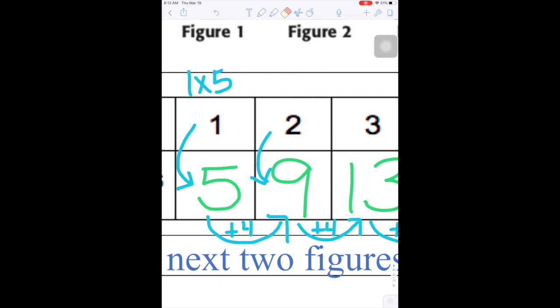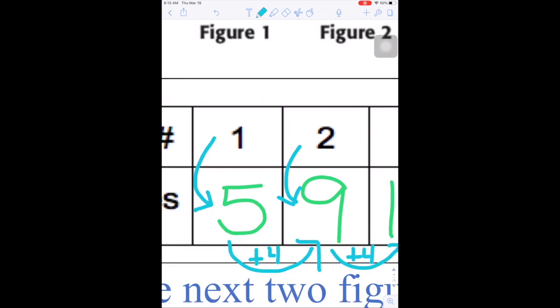So that doesn't work. So let's try this one. 1 plus 4, that gave me 5. But if I did 2 plus 4, because it's got to be the same pattern in every box, 2 plus 4 would only give me 6. So again, that one doesn't work either.